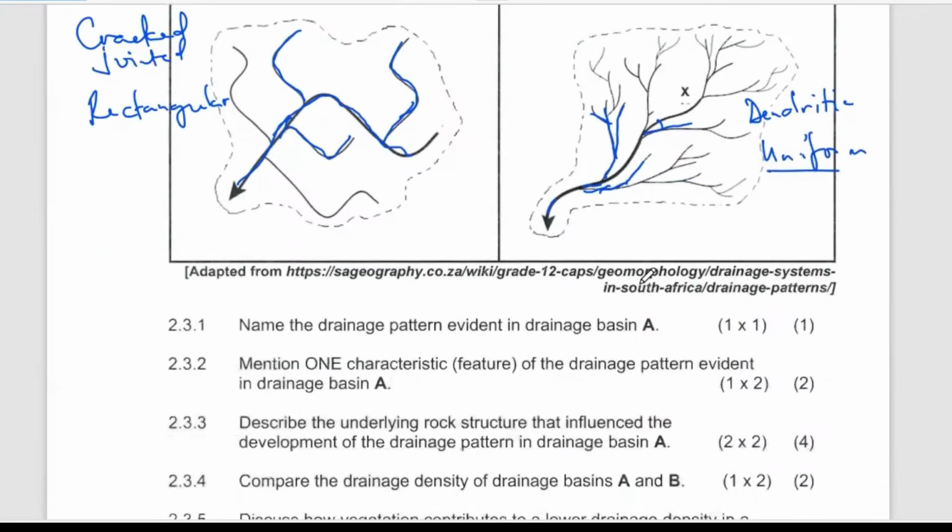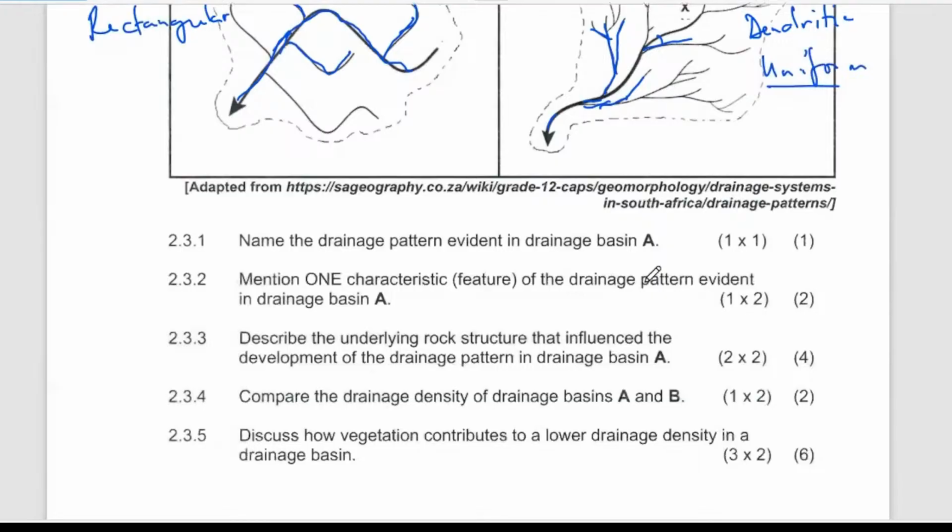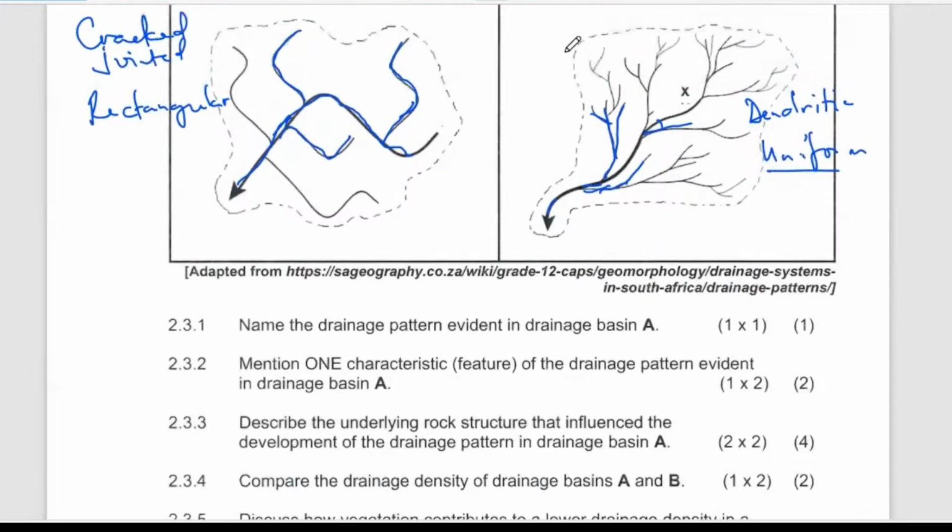Right, let's go to our questions. Name the drainage pattern evident in drainage basin A. We have answered that: the drainage pattern there is rectangular.